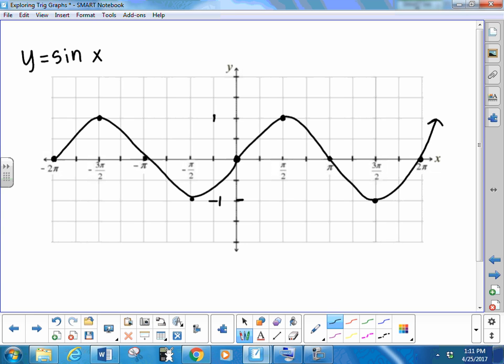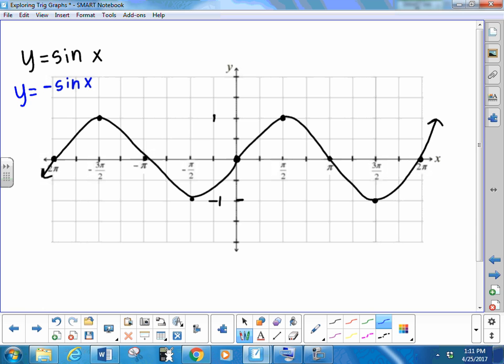Back to the parent. Now let's graph y equals, and let's change our a to negative 1. Now how would that graph look?